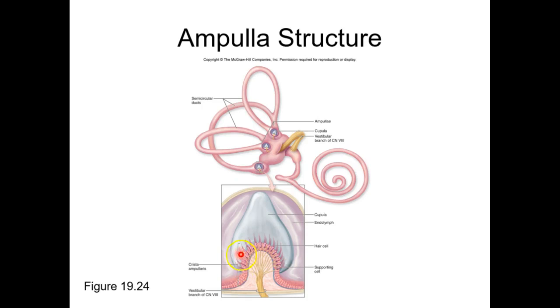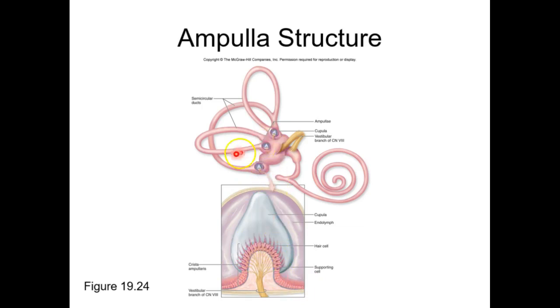But you still have hair cells sticking stereocilia and kinocilia up into this sort of jello-y structure. So the jello-y structure is called the cupula. This whole thing is the crista ampullaris. The gelatinous thing is the cupula. And of course you have hair cells right here.